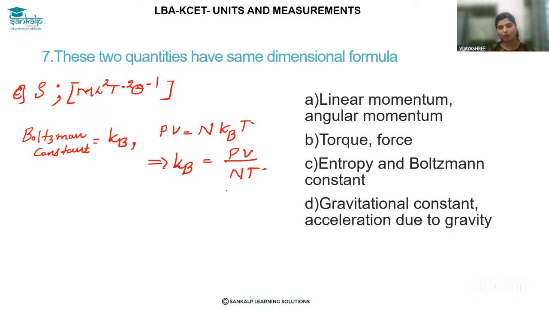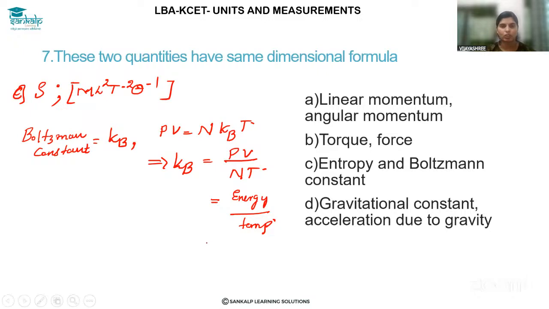It is a unit of energy. PV means energy by temperature. Energy divided by temperature.